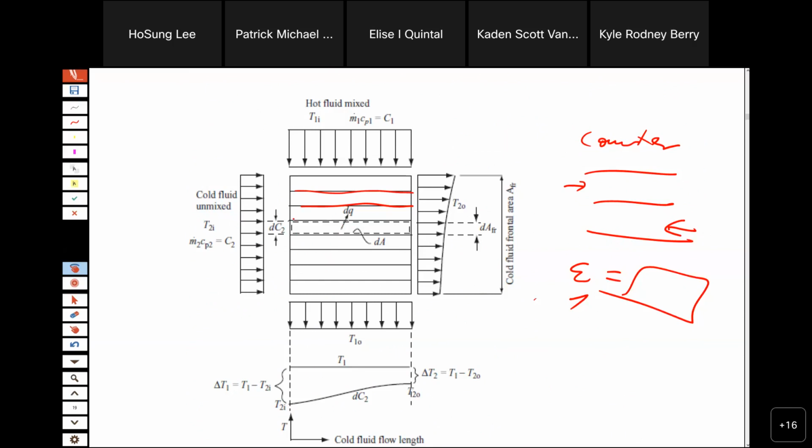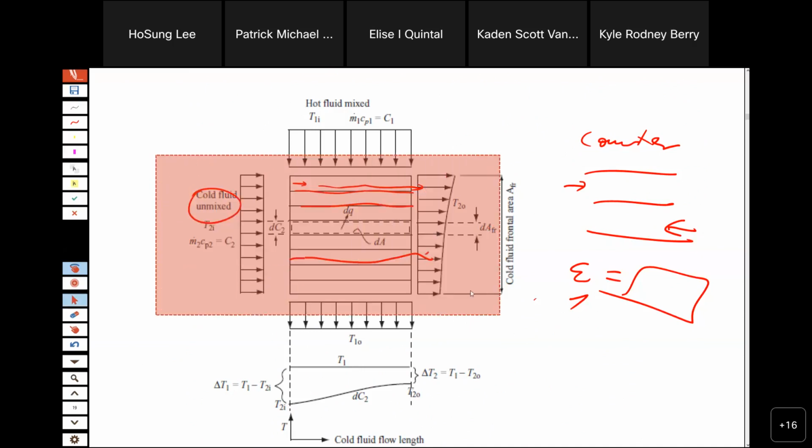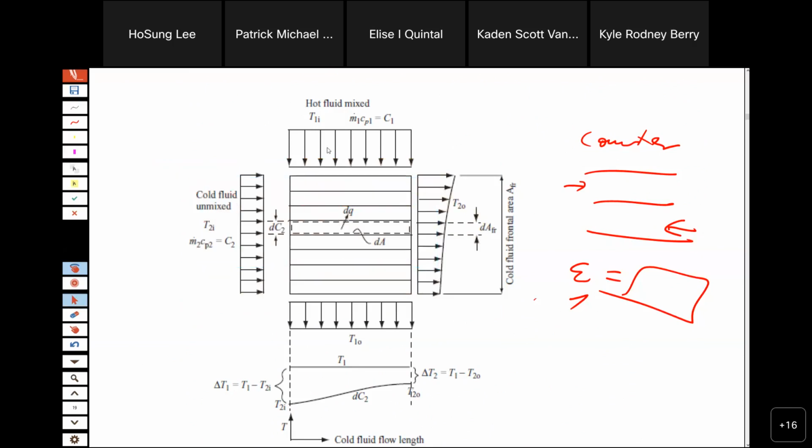Unmixed, because this flow goes out, this flow goes out, not mixing. Okay, so unmixed. Now, is this flow mixed or unmixed?